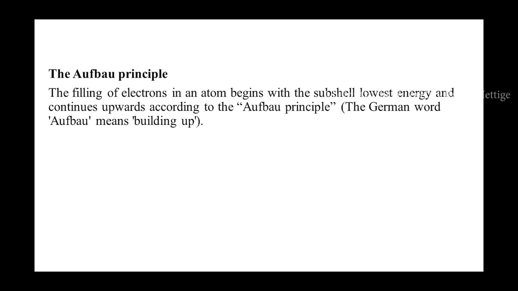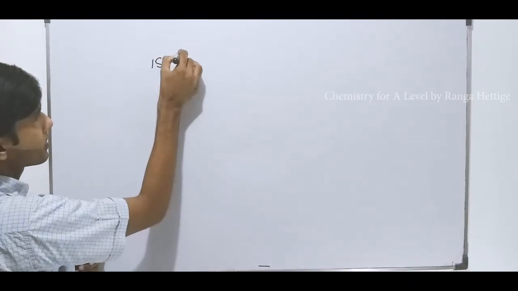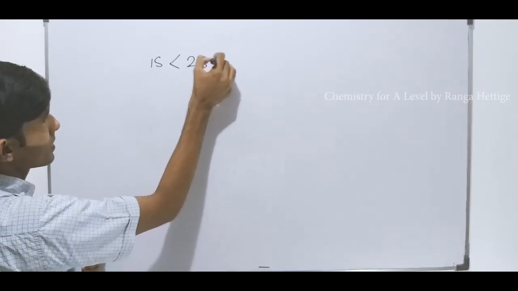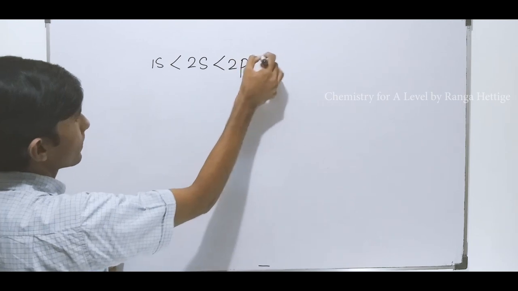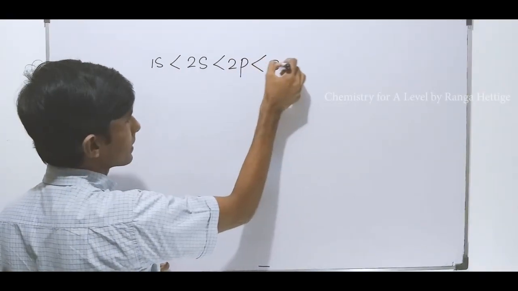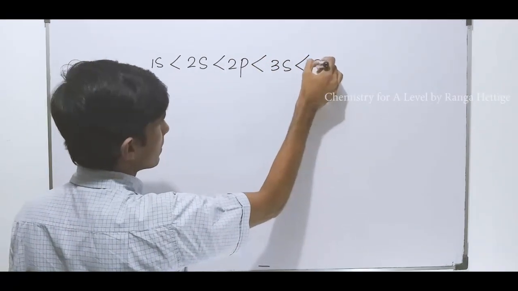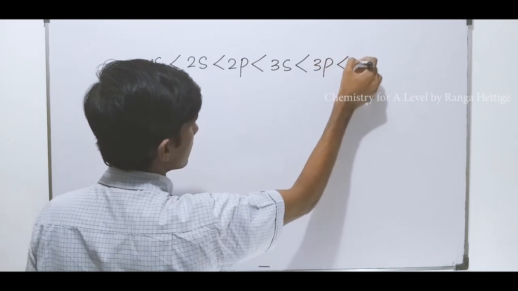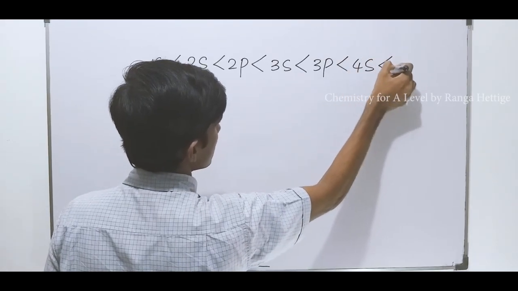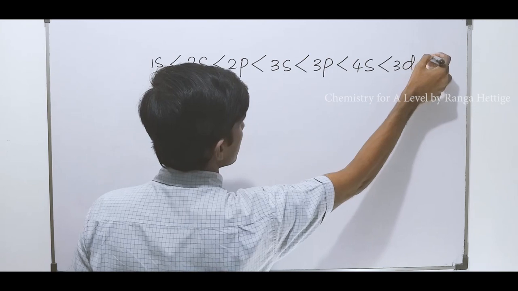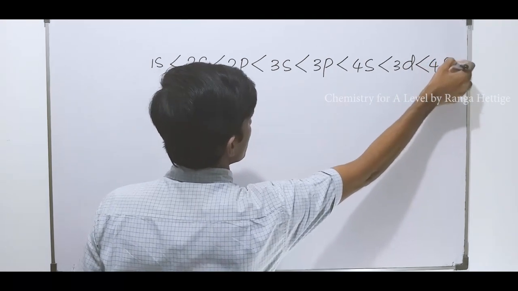So according to that, the order in which electrons are added I can write like this: 1s, 2s, 2p, 3s, 3p, 4s, 3d, 4p, like this.